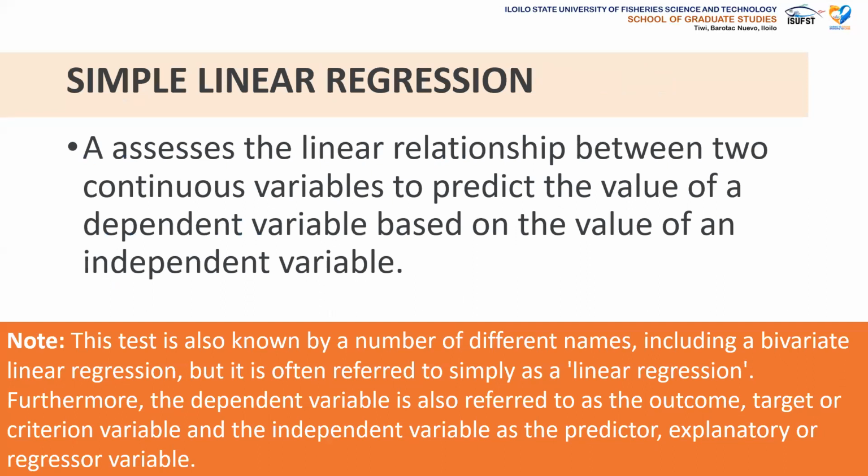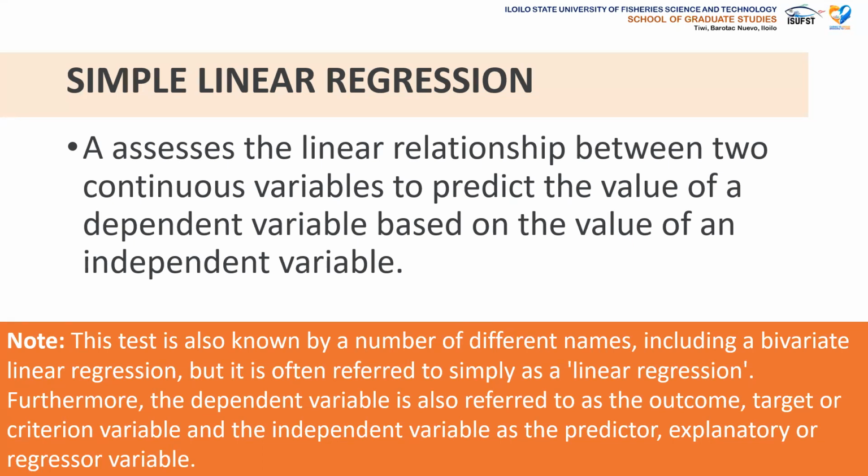A simple linear regression assesses the linear relationship between two continuous variables. So again, continuous variables. Both variables should be at least interval, to predict the value of a dependent variable based on the value of an independent variable.